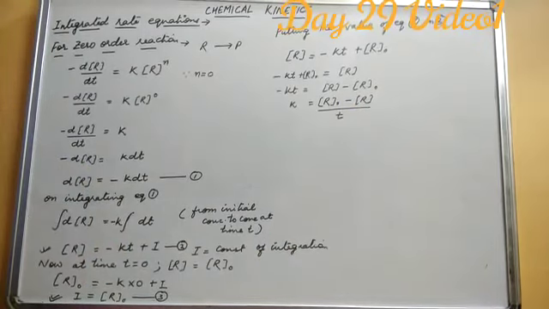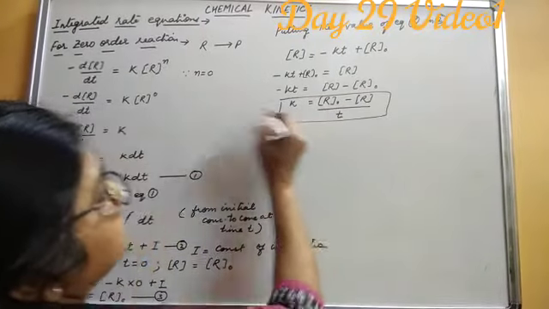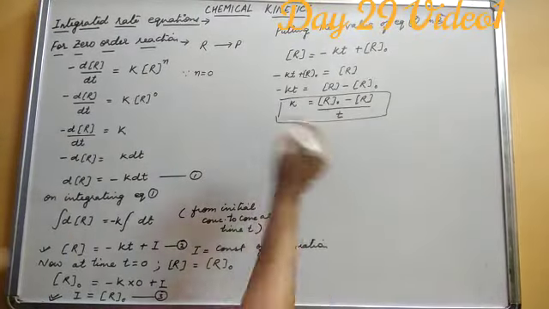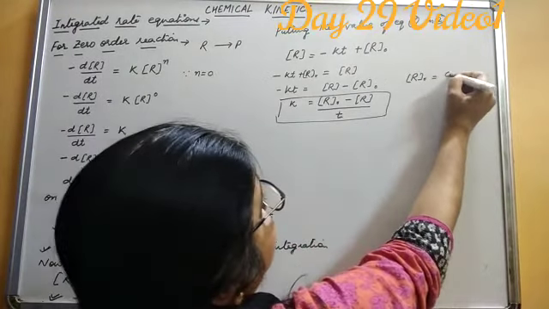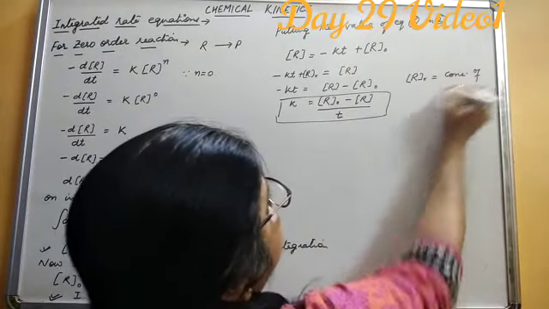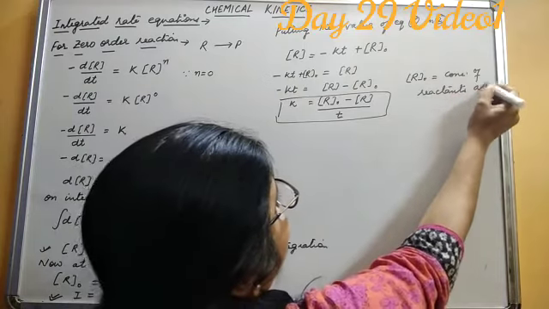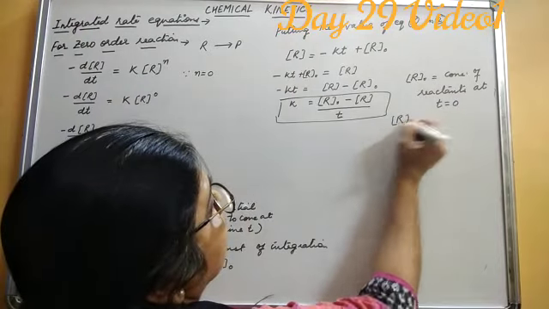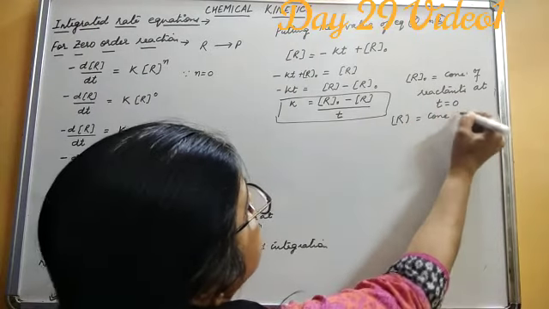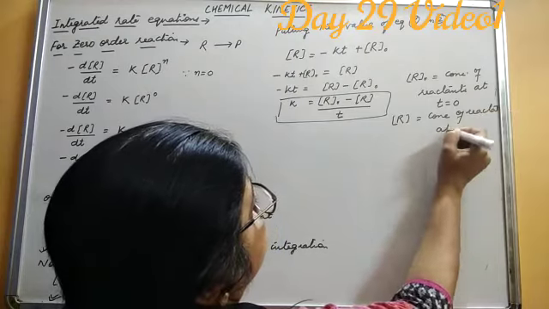This is the integrated rate equation for zero order reaction, where R0 is the initial concentration, or concentration of reactants at time t0, and R is the concentration of reactants at time t.